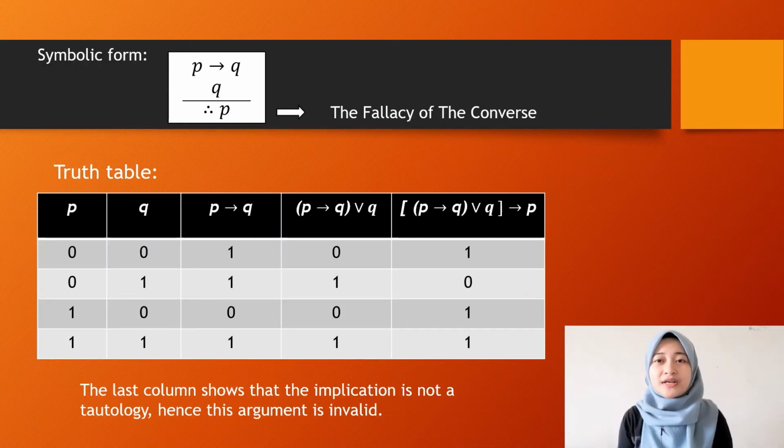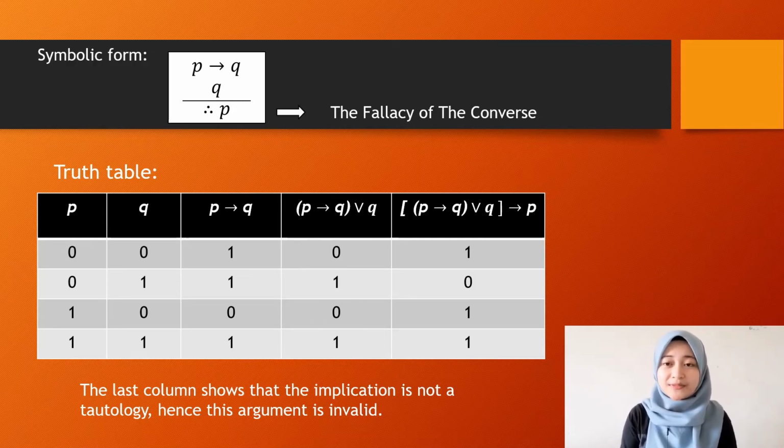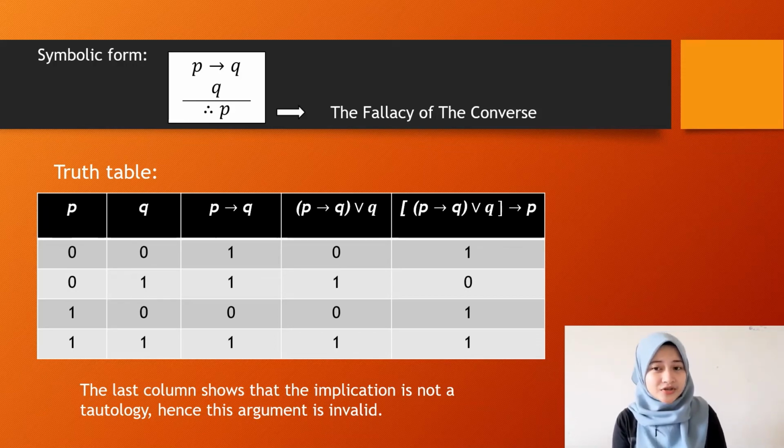Next, we need to write the argument into symbolic form. This symbolic form shows that it is the fallacy of the converse, which means this is an invalid argument. Also, we can derive a truth table to determine the validity. The first column represents P, the second column represents Q, and the last three columns represent premise 1, premise 2, and the implication.